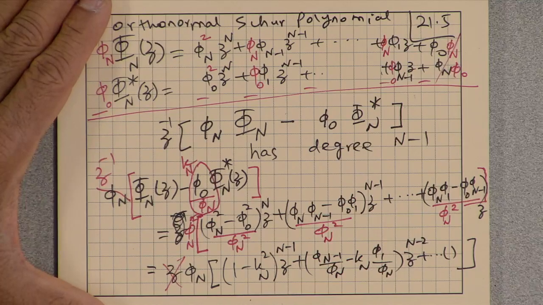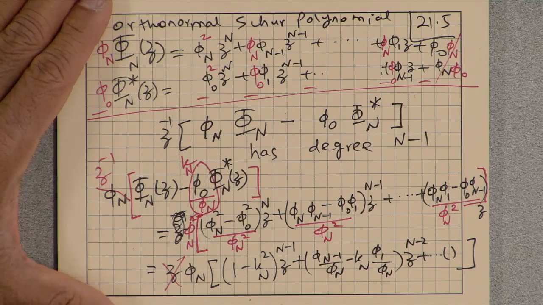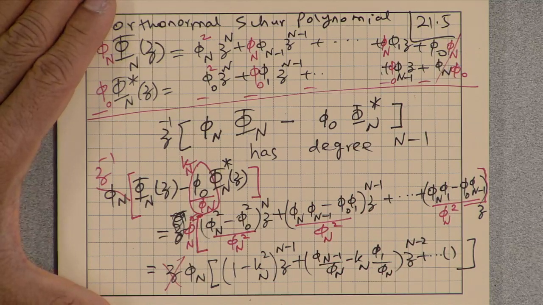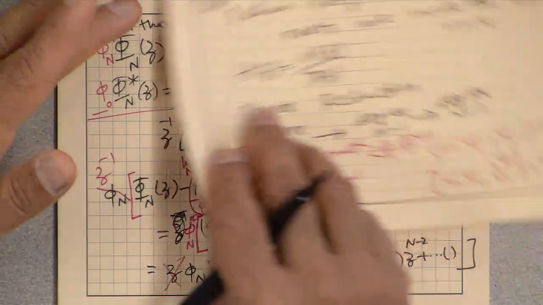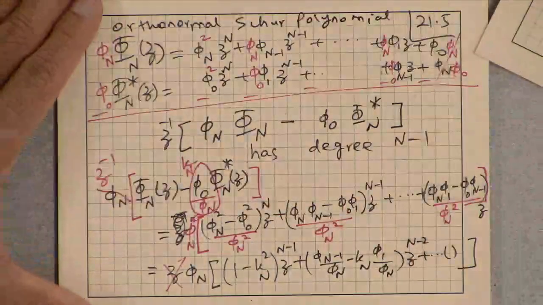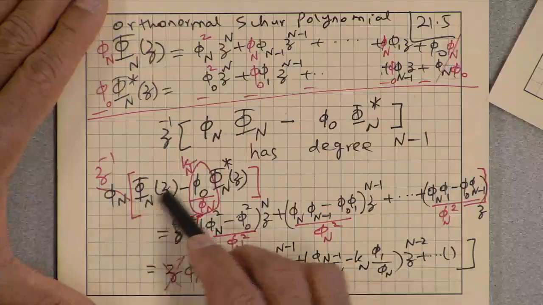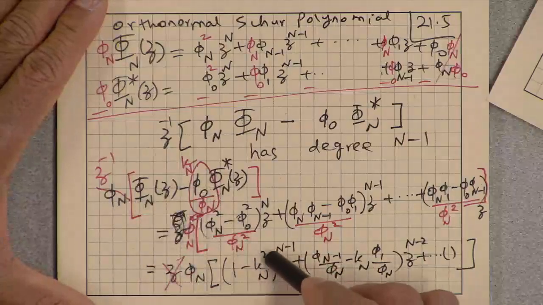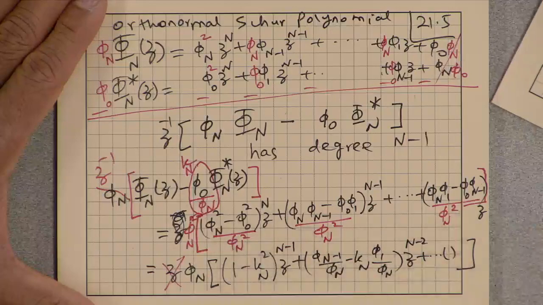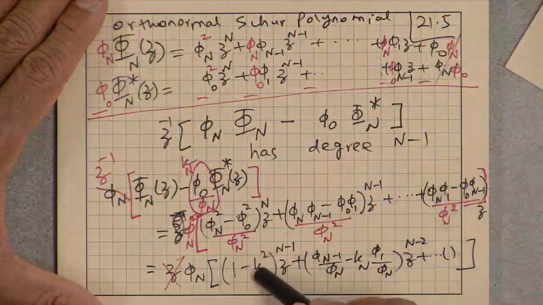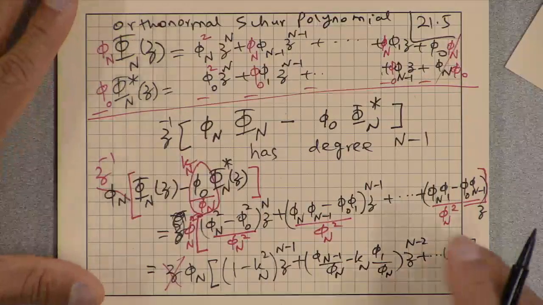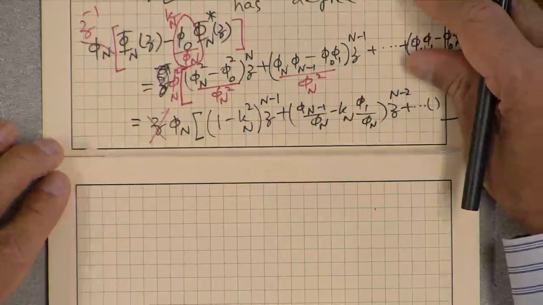And then the last step is where the degree reduction process between different kinds of polynomials can change. In the phi polynomial, we divide both sides by the square root of 1 minus Kn squared. Whereas when we reduce the degree of the so-called psi n, we just divide by 1 minus Kn squared. So that's the difference in how we reduce the degree depending on different constants.